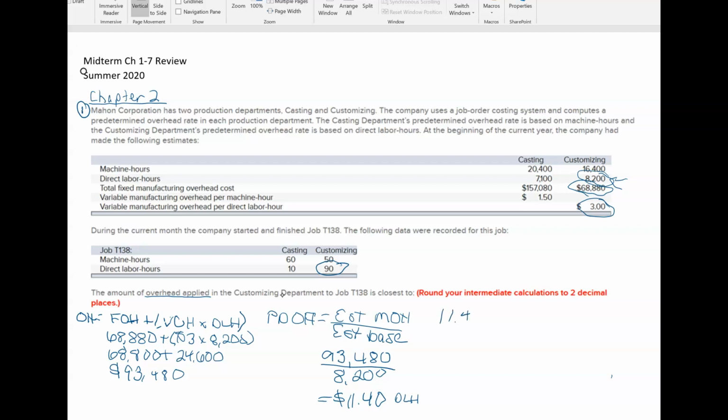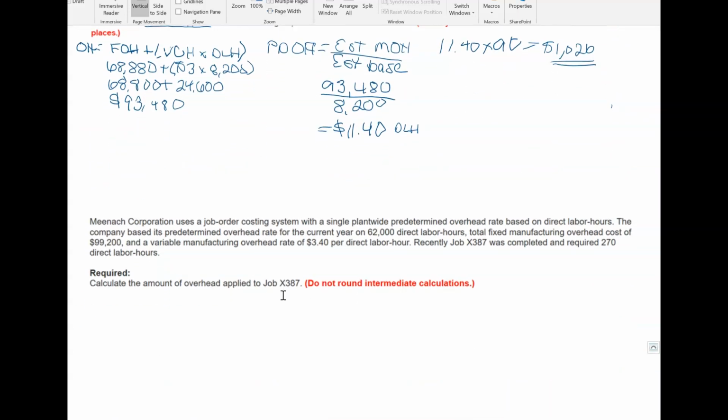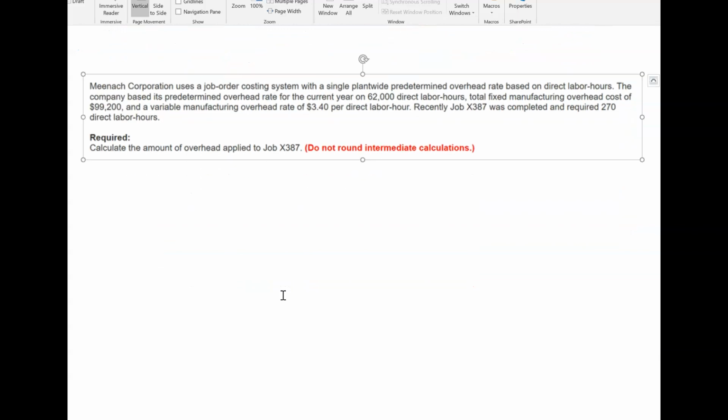Take the $11.40, multiply by the 90 hours, and we get $1,026 of overhead applied for this job.